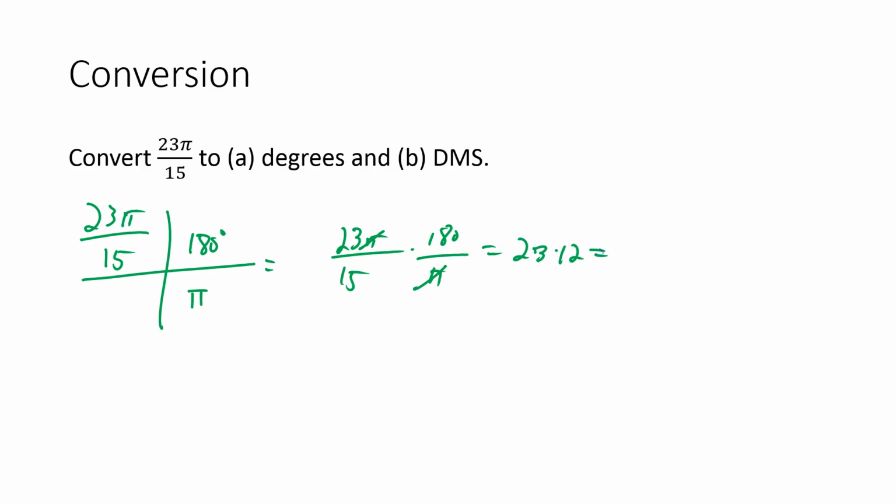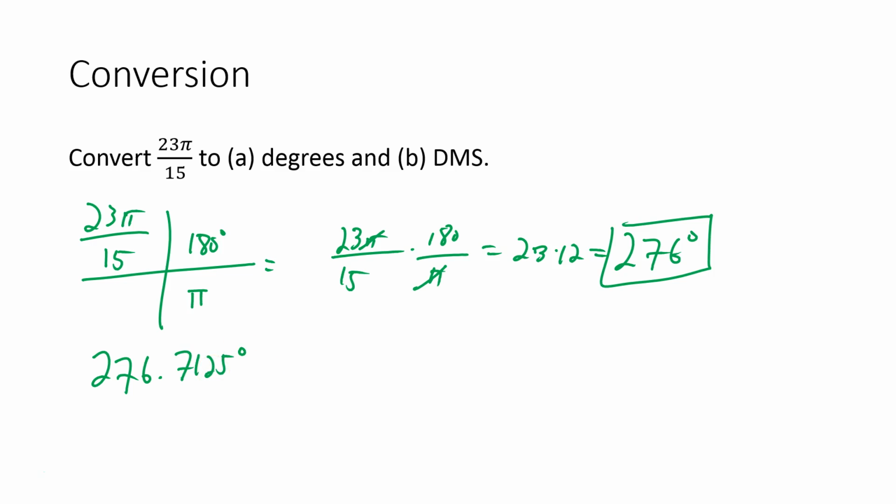You can grab a calculator at any point here. So 180 divided by 15, double check that that's 12, and it is, and multiply by 23, I get 276 degrees. Now, that value, unfortunately, is not going to be a good degrees, minutes, seconds problem because there's no decimal after it. So for converting to degrees, minutes, seconds, let's do 276.7125 degrees. And let's see if that's going to work out a little bit better.